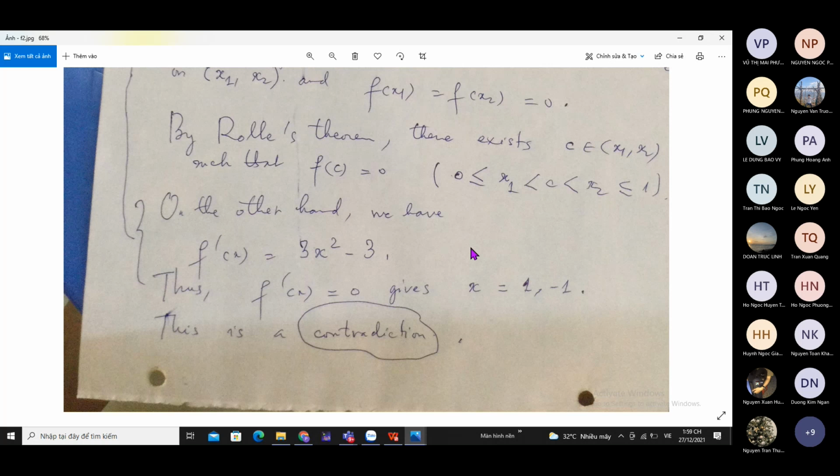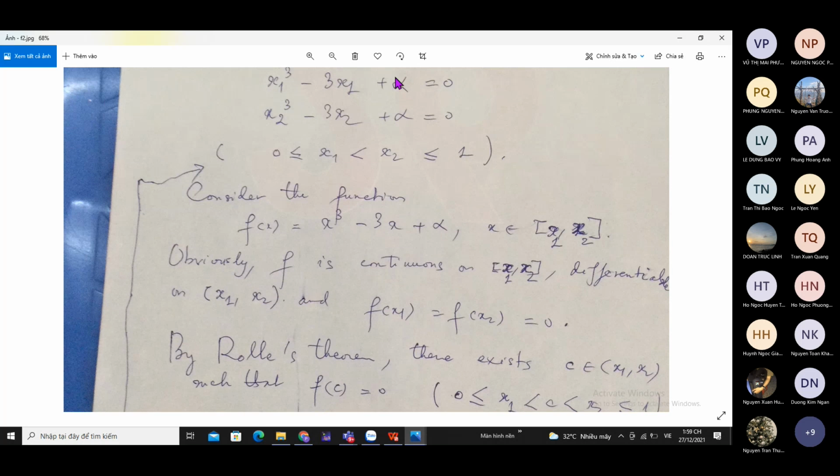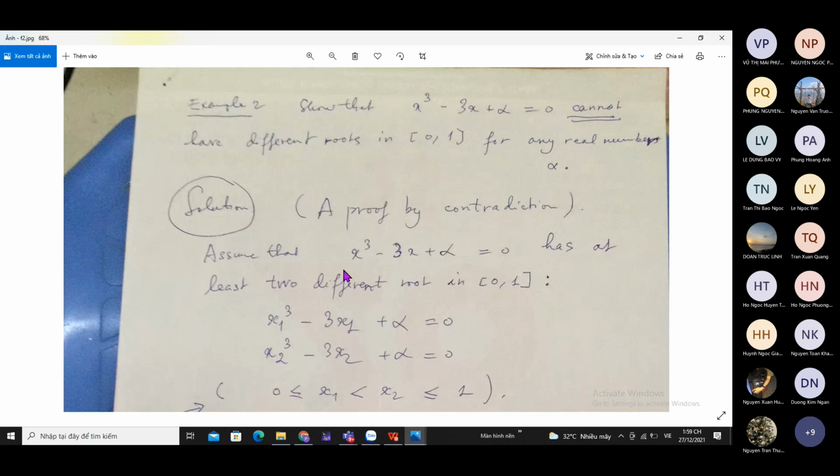However, that is impossible because f prime of x has just two roots, 1 and minus 1. And that's why our assumption from the beginning, that x cubed minus 3x plus alpha equals 0 has two different roots in the closed interval [0, 1], is wrong. A proof by contradiction.